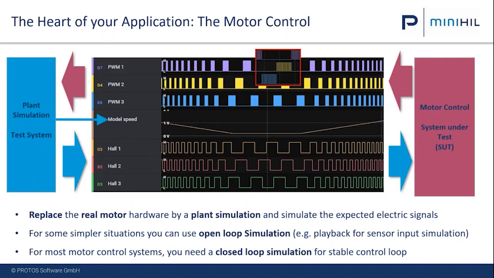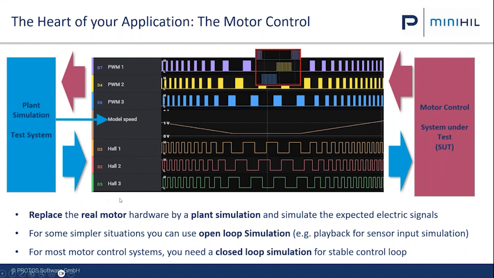Let's have a closer look at such a simulation. So on the right side, again, the motor control. In this case, the motor control generates 3 PWM signals. The plant simulation measures the speed and calculates the frequency of the motor.